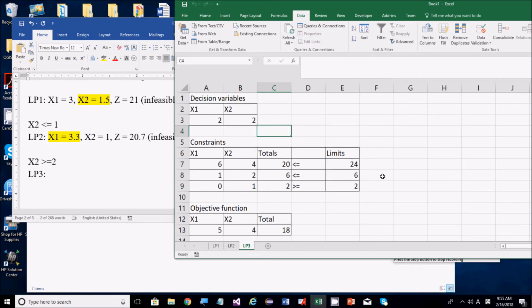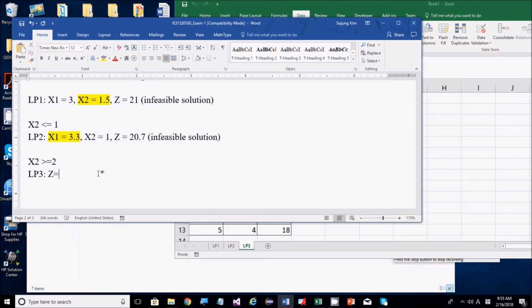If you use a solver to get the solution, then the z value will be 18 when x1 equals 2 and x2 equals 2. Here you can check whether they are integers or not. Because they are integers, we got the feasible solution.